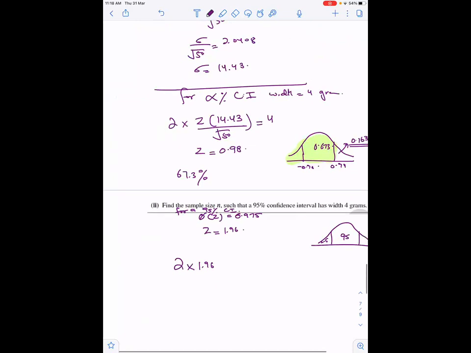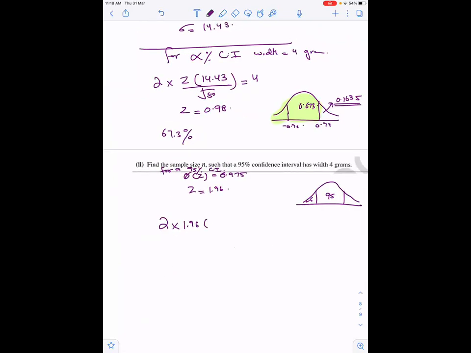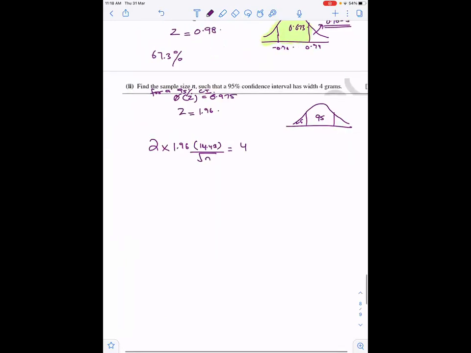Now the formula for width is 2 into 1.96 into the standard deviation, which we know is 14.43, upon root n. The sample size we don't know. The width is 4 grams. We just have to solve it and get the value of n in this case.